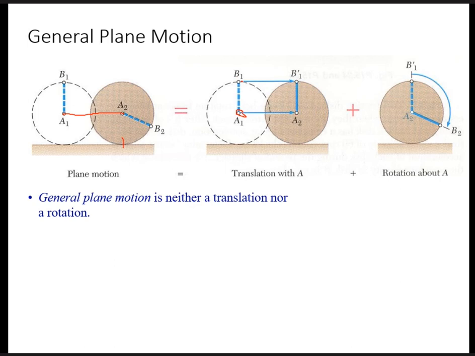Now it will move to its final position by fixing A and giving it a rotation. When I am giving this rotation vectorially, it will be omega into k cap, anti-clockwise if I take it as positive, and say this is my x axis and y axis with respect to point A. This is my reference axis that I have taken here.